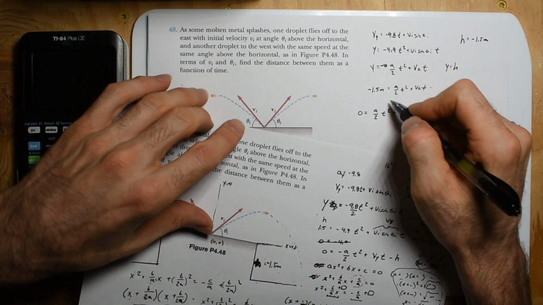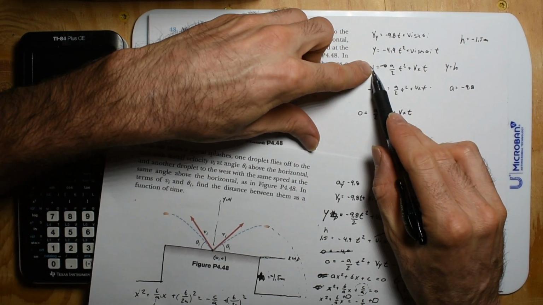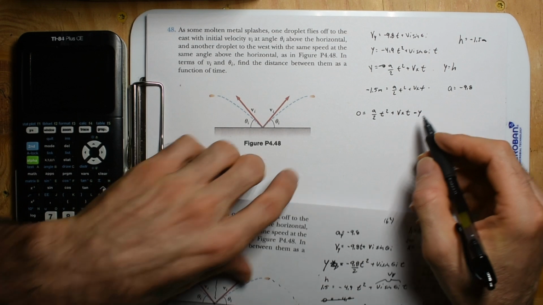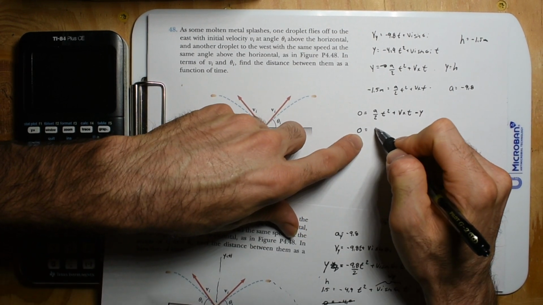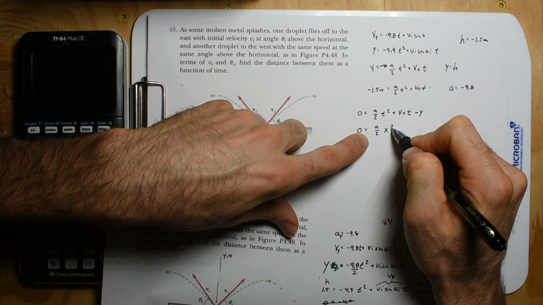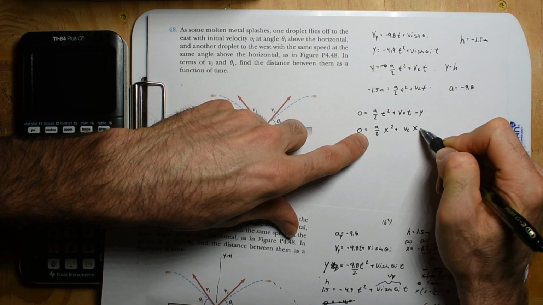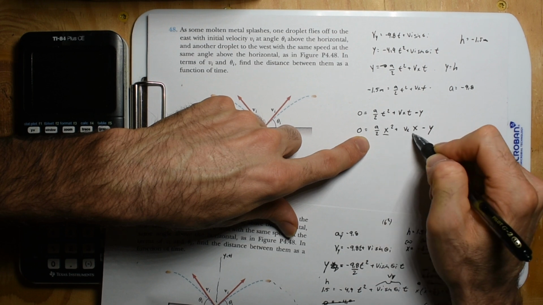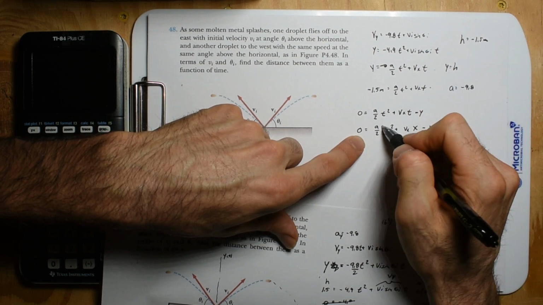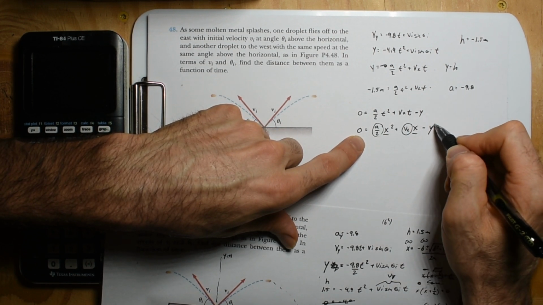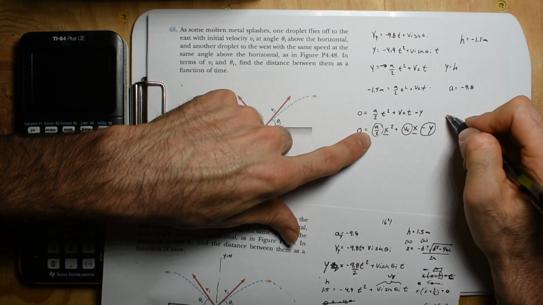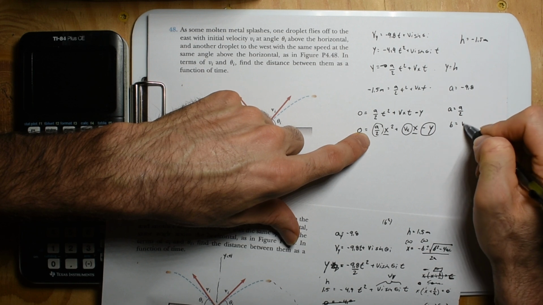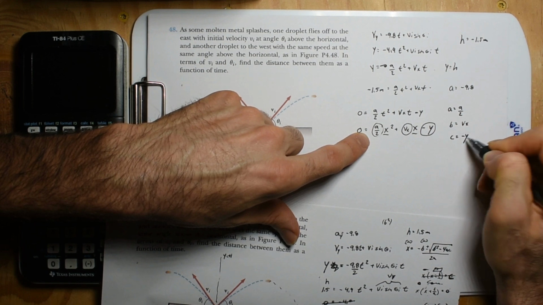When we bring the y over here, we just have negative y. So now we have something in the form of a squared x squared plus vxx minus y. Here is our quadratic: a term is a divided by 2, b term is vx, and c term is negative y.